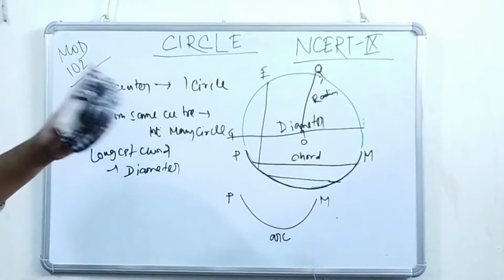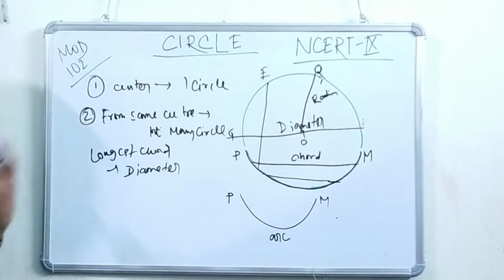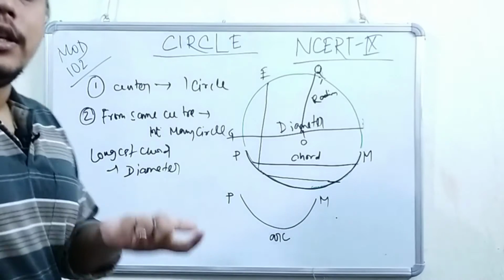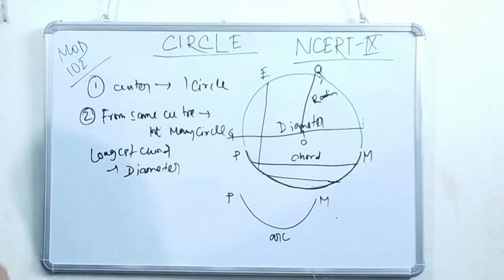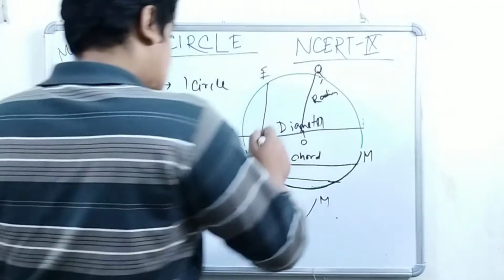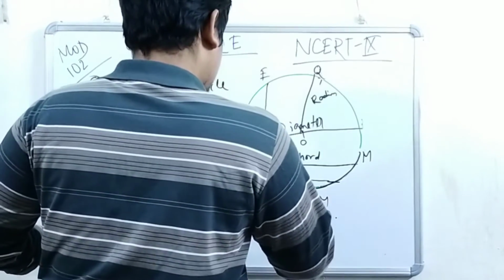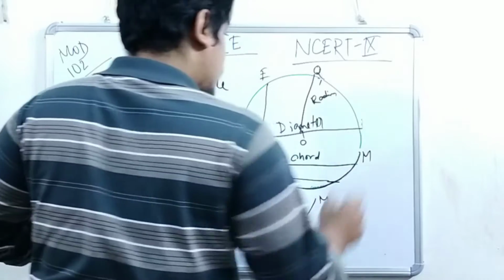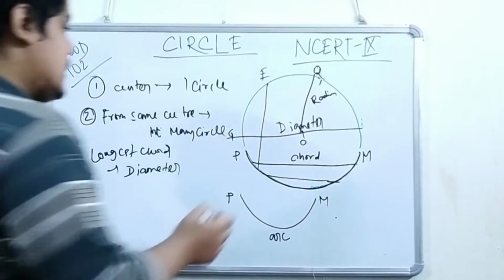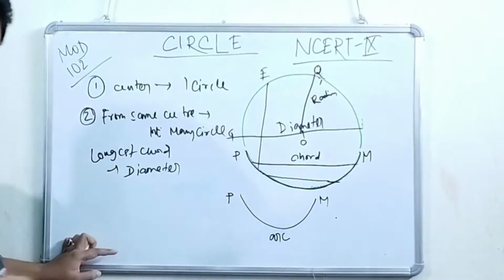Again, like chord and diameter were interconnected, where the diameter is the longest chord, the same thing goes for arc also. When an arc passes through the diameter length, it is called a semicircle.